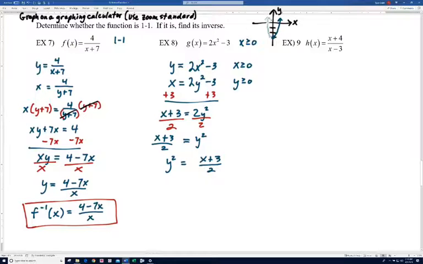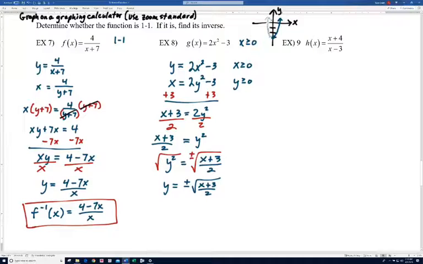And if I want to solve for y, I need to get rid of the square there, or the exponent of 2. The opposite of squaring is taking a square root. The only problem is I got to do that plus or minus thing. So I'm going to get y equals plus or minus the square root of x plus 3 all over 2.